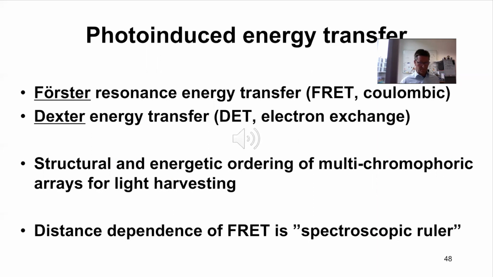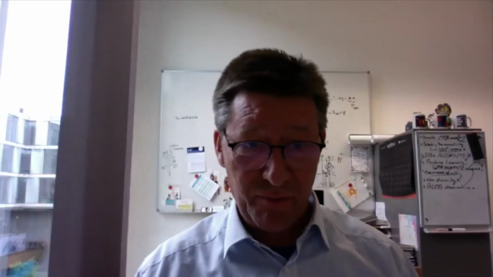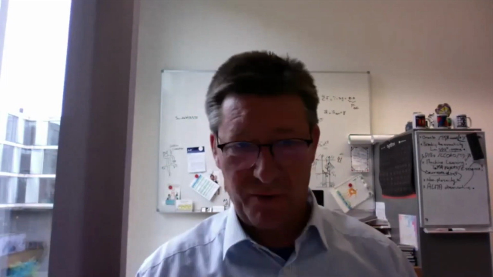Especially Förster Resonance Energy Transfer has many applications in biology, where it is used as a spectroscopic ruler, giving information about proximity of two different proteins. This is my contribution about energy transfer. If there are questions or comments.